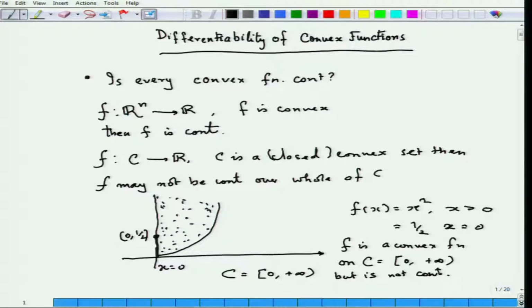So, with this basic idea, let us come down and consider the case when f is from R^n to R and f is differentiable.